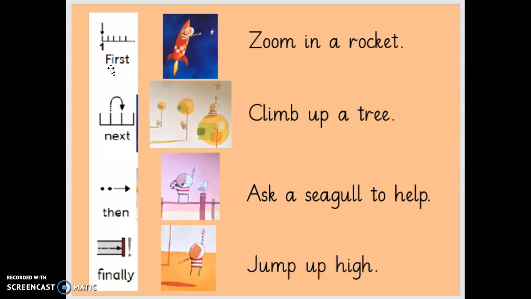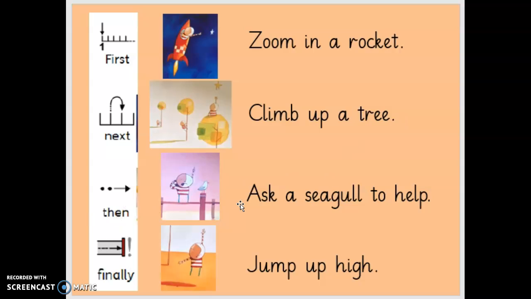So my instructions start with first, zoom in a rocket, and then next I'm going to climb up a tree. Climb up a tree. Can you spot the digraph E in my sentence? So think about your phonics whilst you write your sentences.